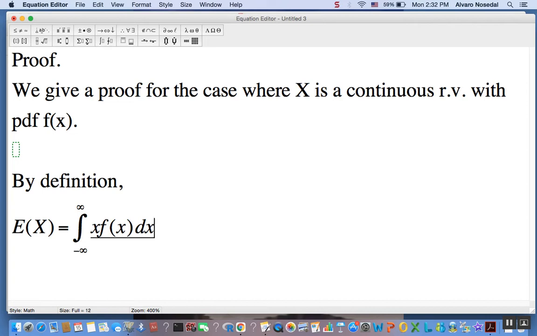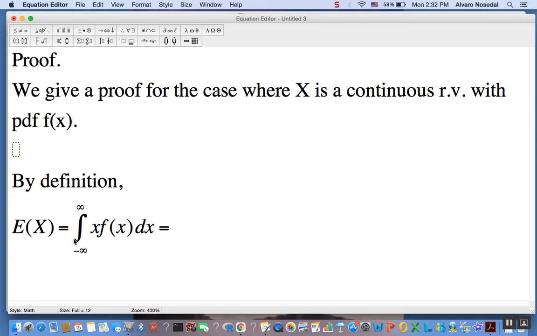Now, as we said, just like the exponential, this is a non-negative random variable. So that means that it's going to be non-zero only in the interval from 0 to infinity.